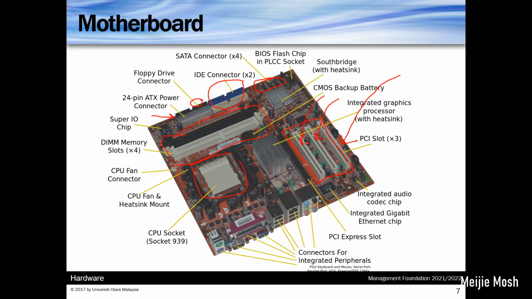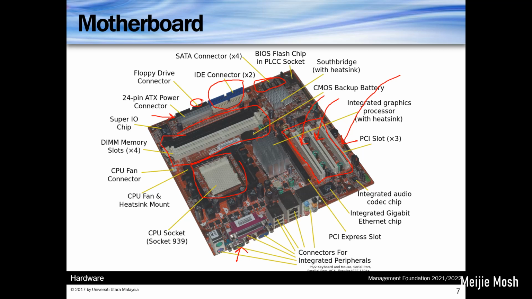And on the side, motherboards carry a number of connectors for integrated peripherals or ports to connect the monitor, printer, mouse, keyboard, speaker, and network cables. Here we can see the COM port for the mouse.